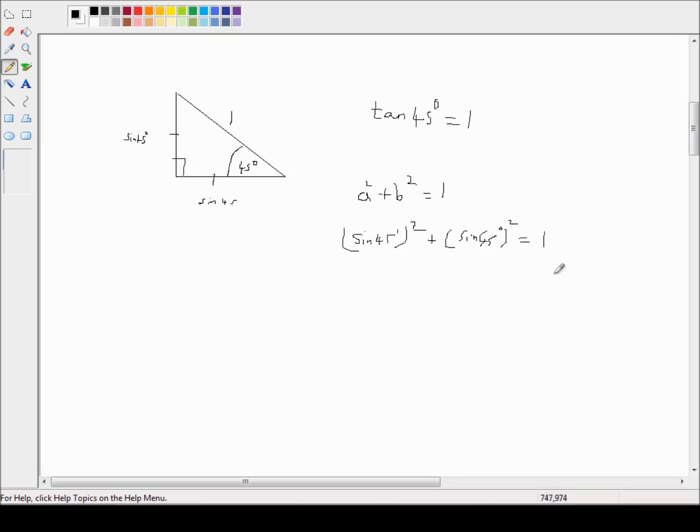And that's equal to 1. Oh, sorry, that should be 1 squared. Not that it matters, because 1 squared is 1.